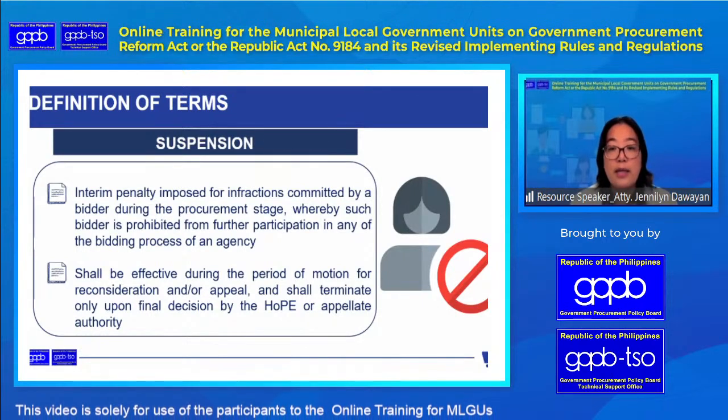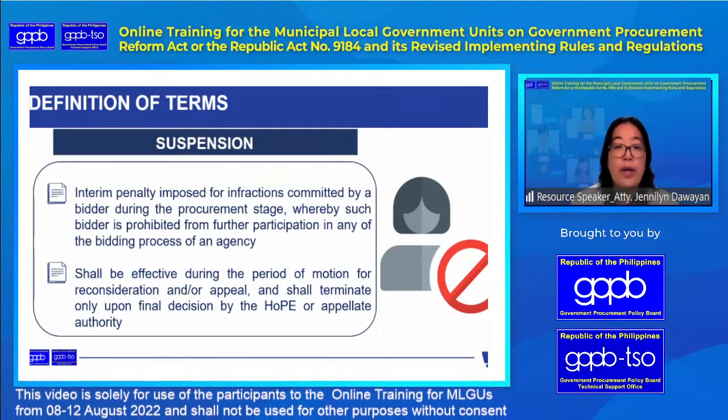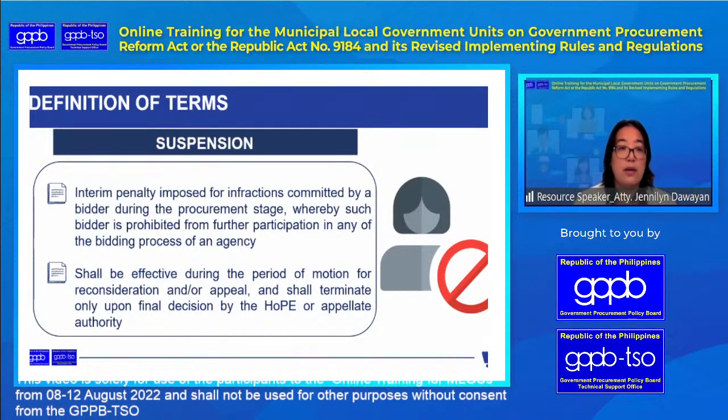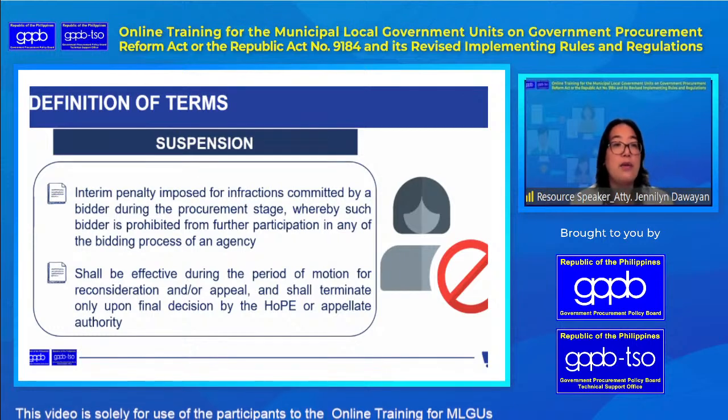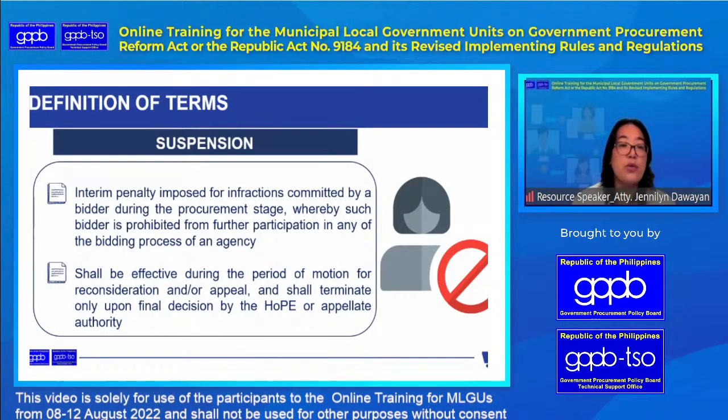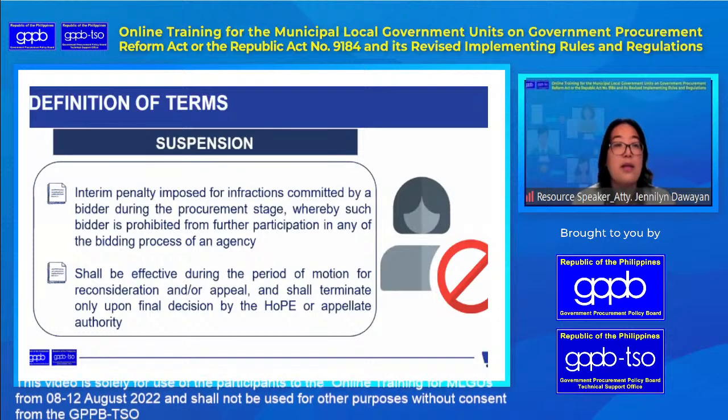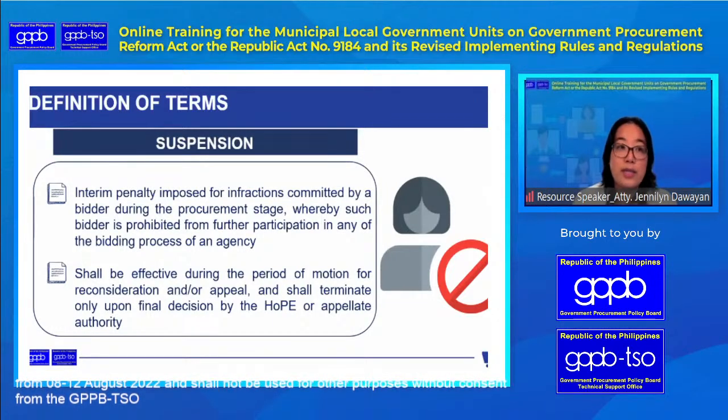Sometimes there is a misnomer that suspension can be the penalty in itself, that you can just subject the bidder to it within your agency, and then you no longer issue blacklisting. That is not the case. While the process is ongoing, it is an interim penalty, and since it's applicable only to your agency, it's only a suspension.